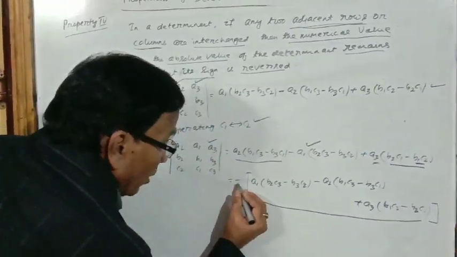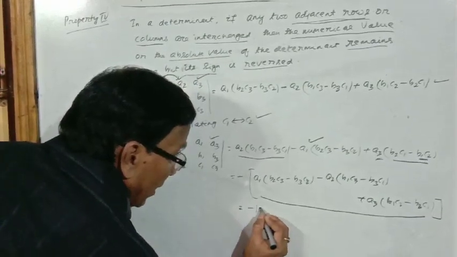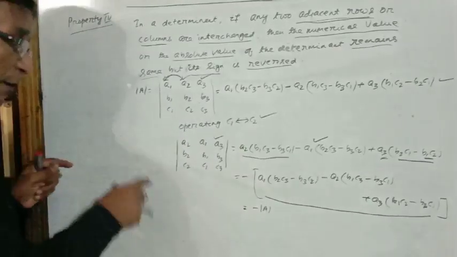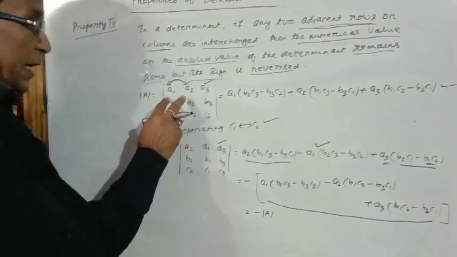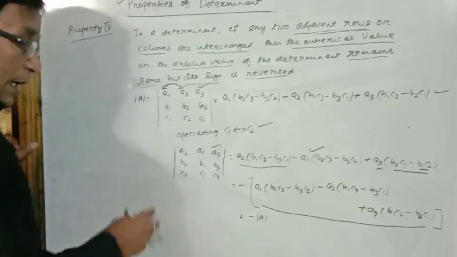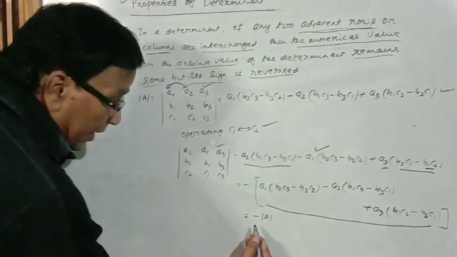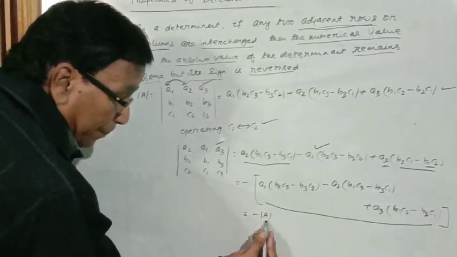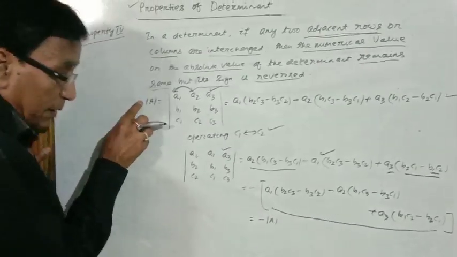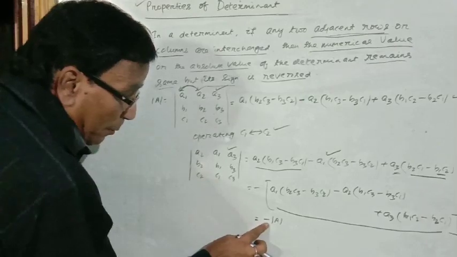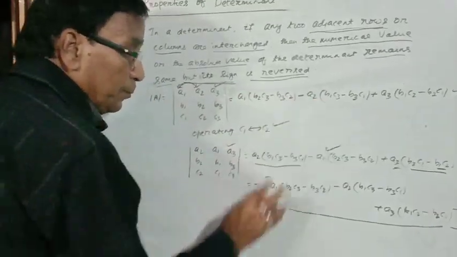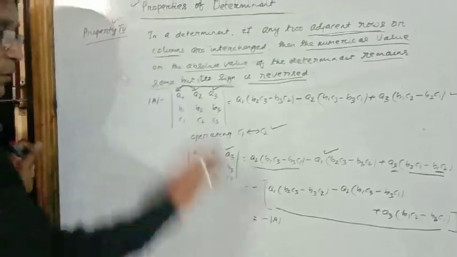That means it is equal to minus determinant of A. So whenever we interchange these two adjacent columns C1 and C2, we get its absolute value to be the same, the determinant of A, but if it is plus determinant of A, then it will be minus determinant of A. That means its sign will be reversed. So this is property 4.